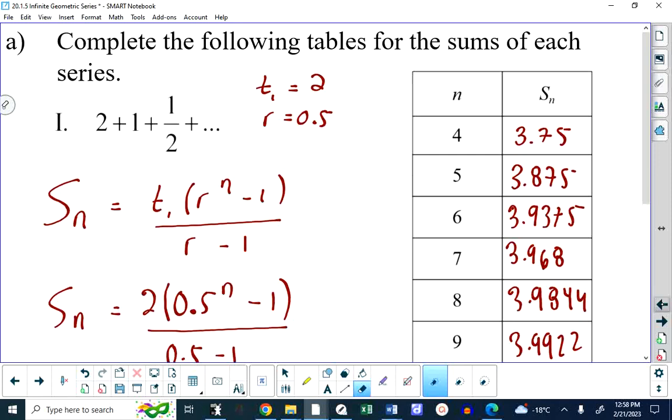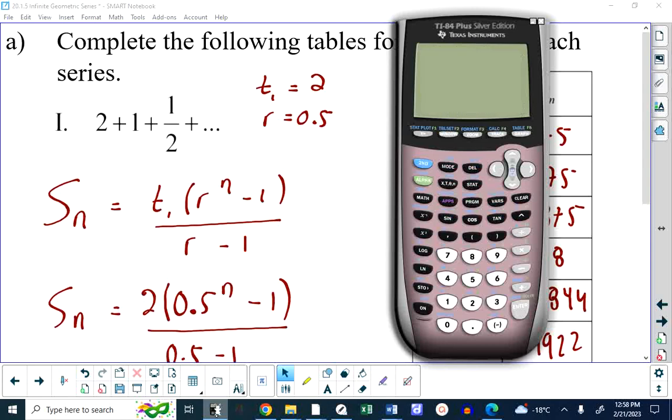Well, now we can go to our calculator and I want to go back to the original one where I had 4 minus 4 times in brackets 0.5 bracket raised to the x. Can you confirm that was series 1? Okay, good.